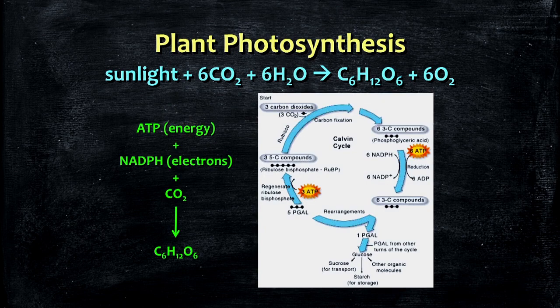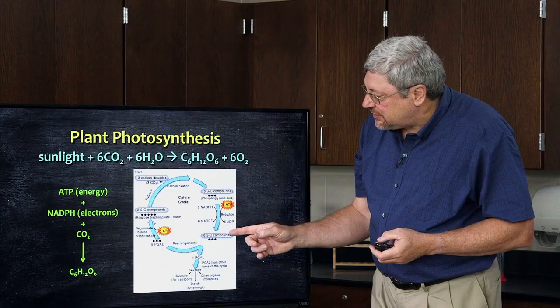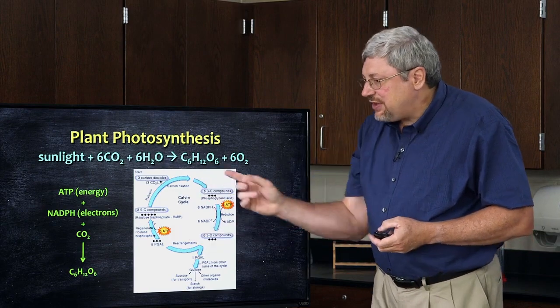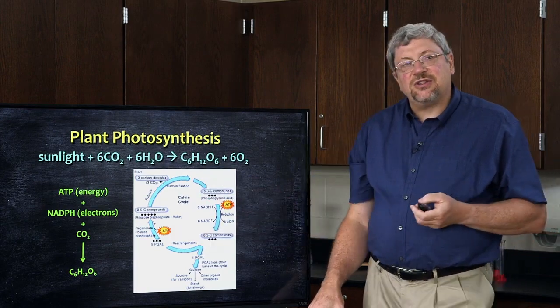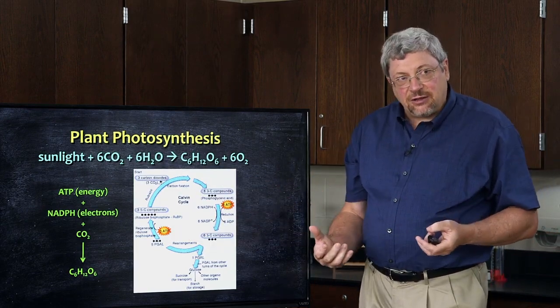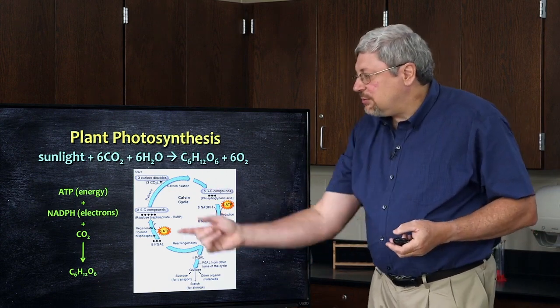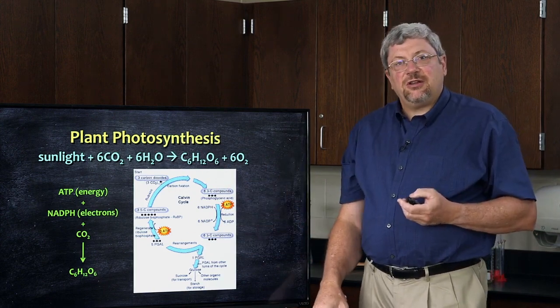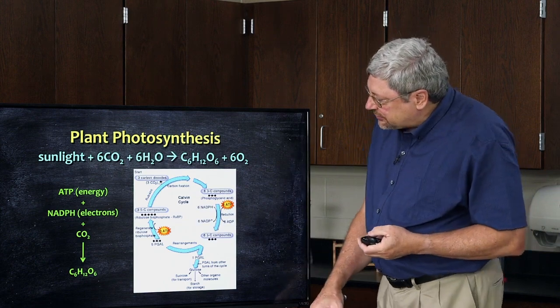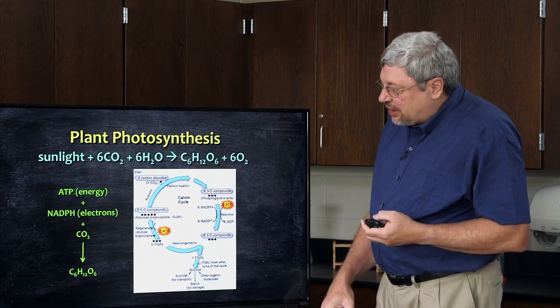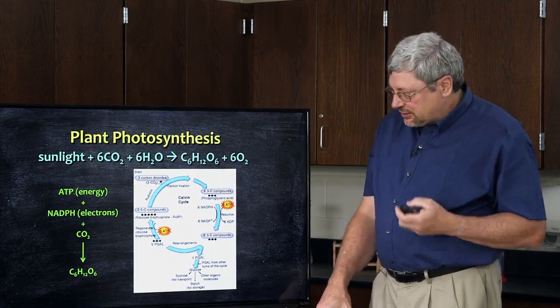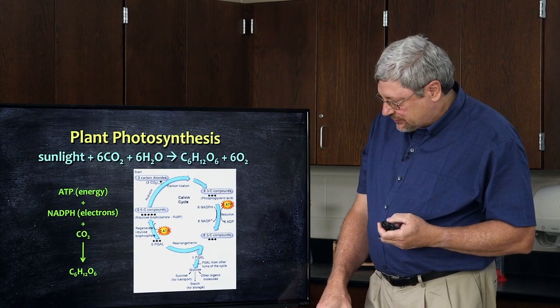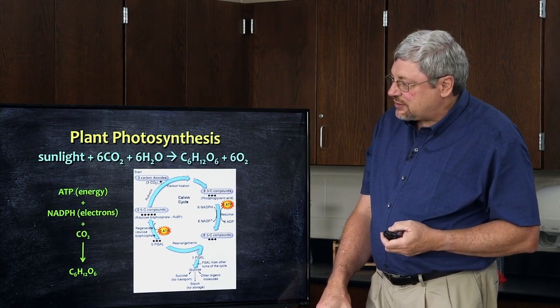Looking at this briefly, what we see is that the reactions in this particular part of photosynthesis make up a cycle, a circular motion of molecules. It's called the Calvin cycle after the individual that elucidated most of it for us.